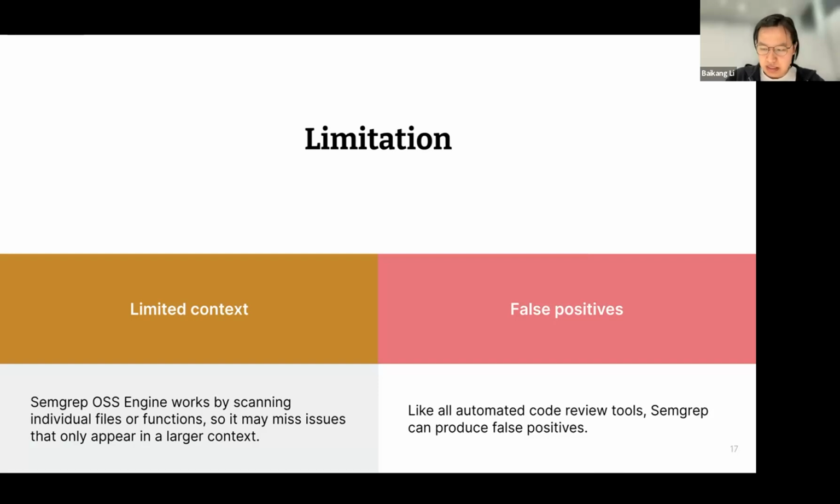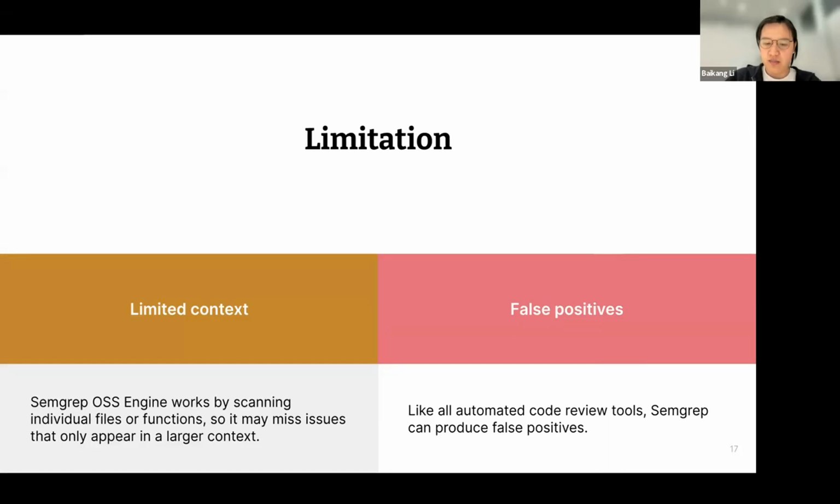So that is limited context. In that context, you will miss something with the Semgrep OSS engine. But the Pro engine is designed by security specialists and researchers, so they take a lot of time to analyze and write a lot of rules, and it can support whole project context. That's the difference, but that will cost a lot of time and resources.